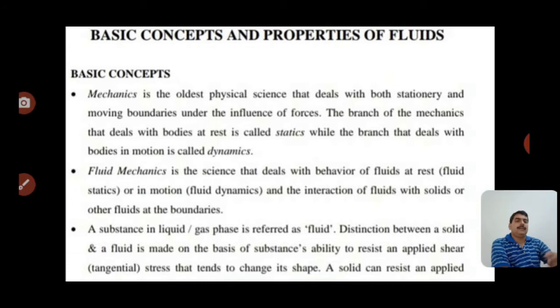But now the fourth state of matter is known, that is the plasma state. In the plasma state, the matter degrades into ions, positive ions as well as negative ions.